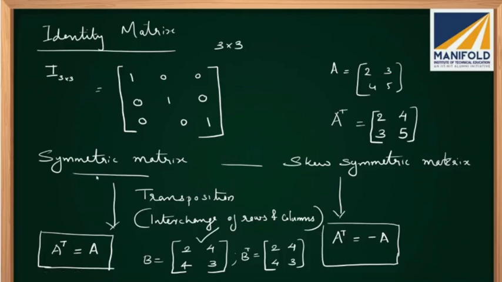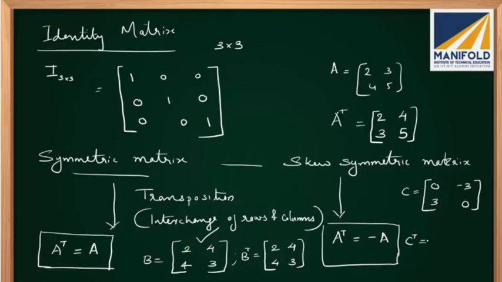Similarly, we'll see an example for a skew symmetric matrix. You must keep in mind, for all skew symmetric matrices, all the diagonal elements will be 0. So if I'm considering a matrix C, I must first write all diagonal elements 0, because I'm taking an example for a skew symmetric matrix. Now I'll put minus 3 here and plus 3 here. Let us see what the transpose is.